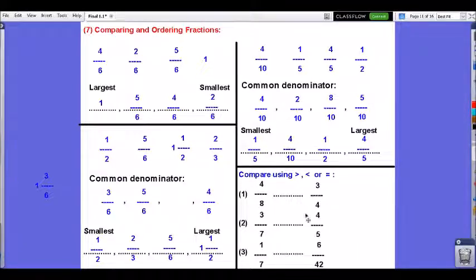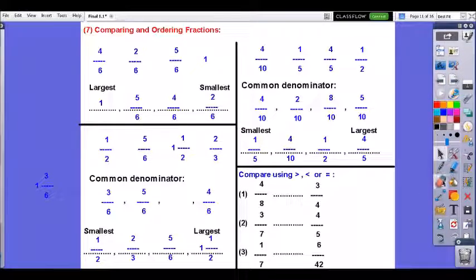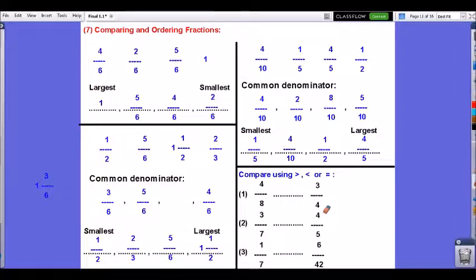Okay, great. Now to the last part of this section, which is comparing fractions. Comparing is very easy. I'm going to teach you a technique that is going to help you a lot, so very quickly you will be able to compare.